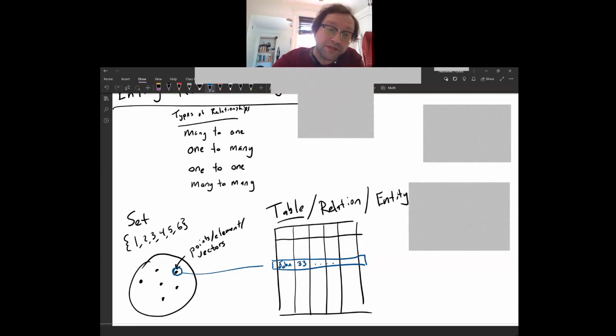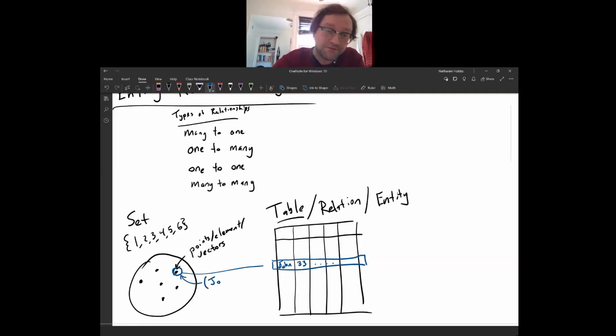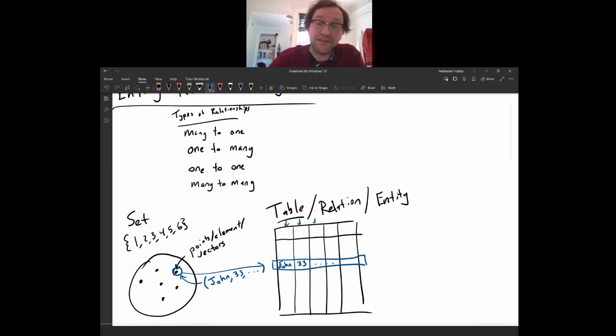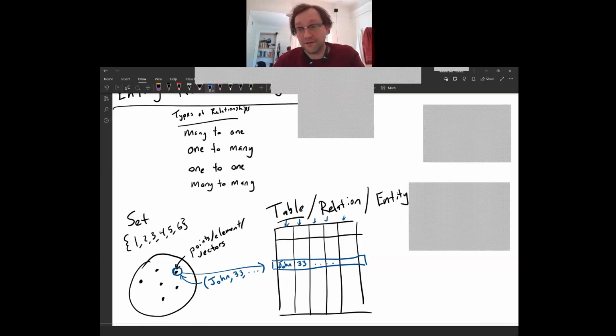Then this point would be John, 33, and so on. And this is a vector. Each of these points would have one dimension that corresponds to each of the columns.